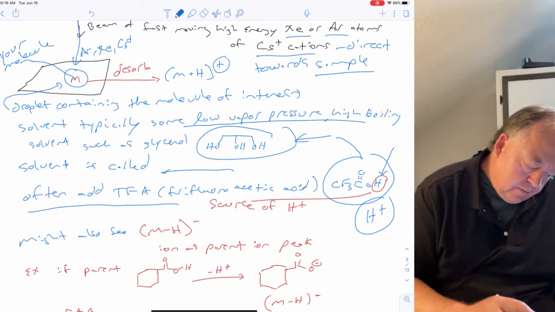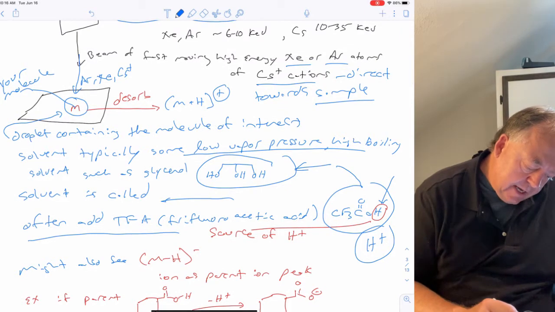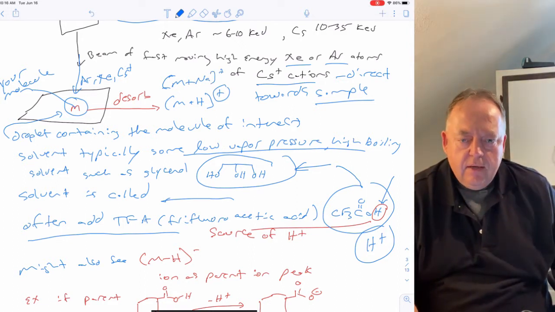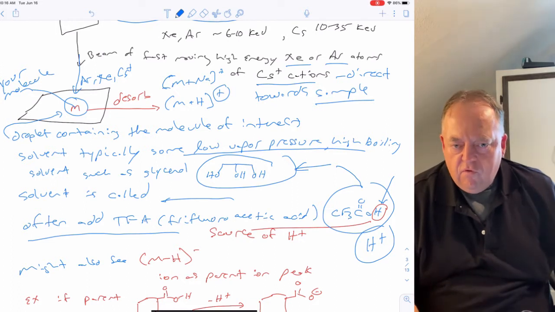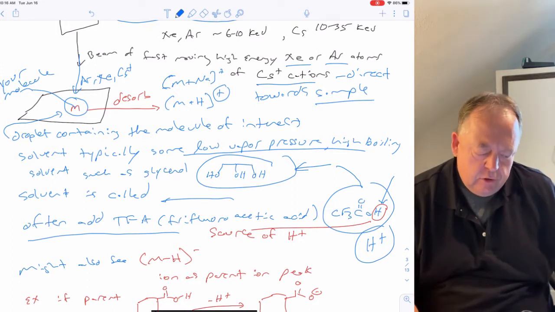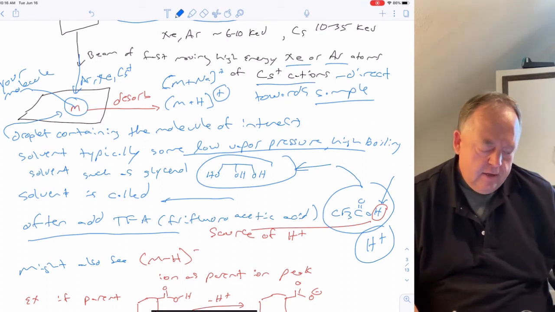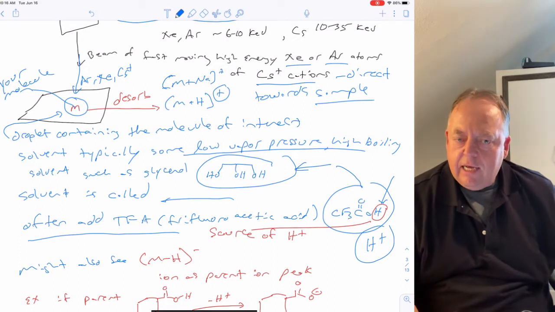Or your molecule could come into the gas phase with a sodium ion. Where does the sodium come from? Sodium is all over nature. Sodium is a ubiquitous ion. Just tons of sodium all over the place, in all of your solvents, maybe on the surface of your glassware.